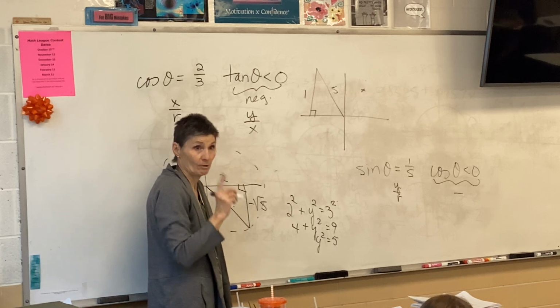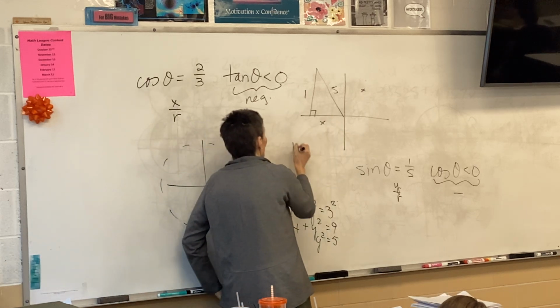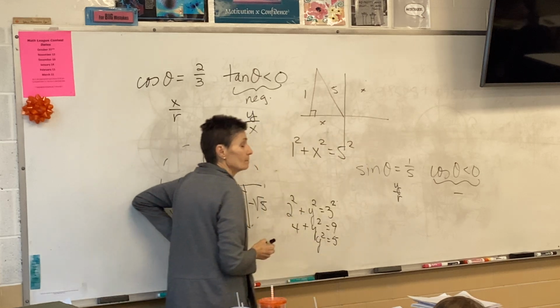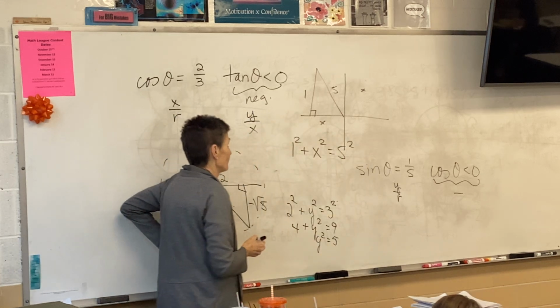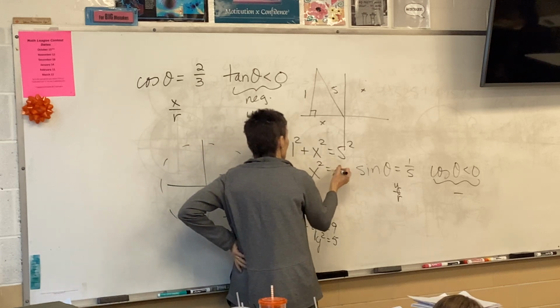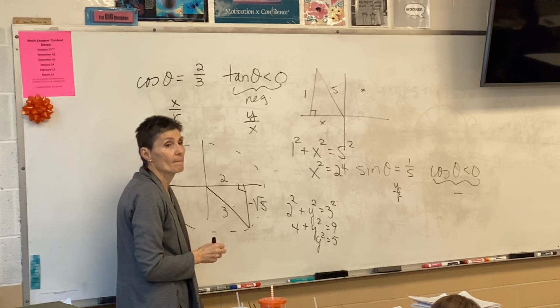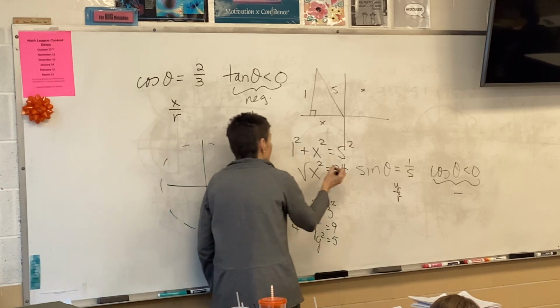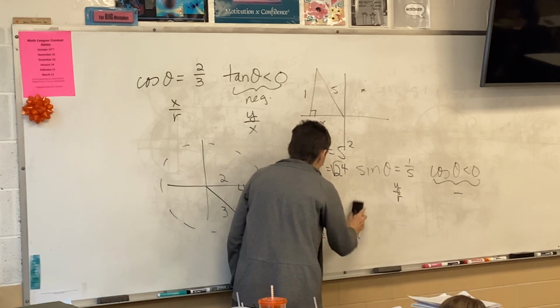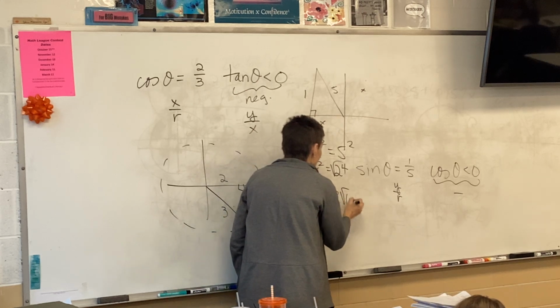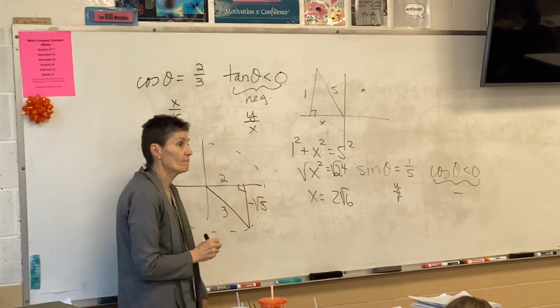Pythagorean theorem now, carefully. 1 squared plus x squared is 5 squared. X squared equals 25 minus 1, 24. I'm square rooting, so x has to equal 2√6, the square root of 24.